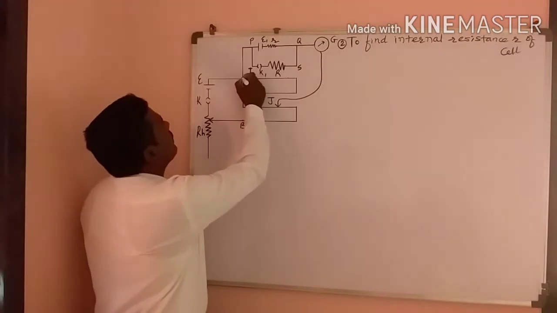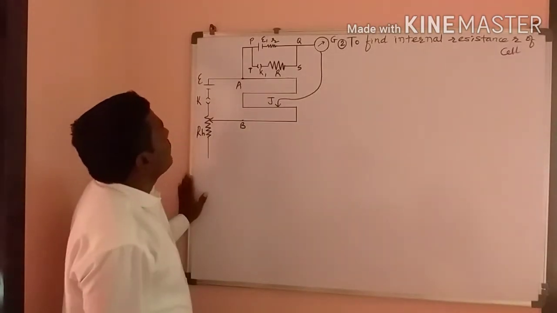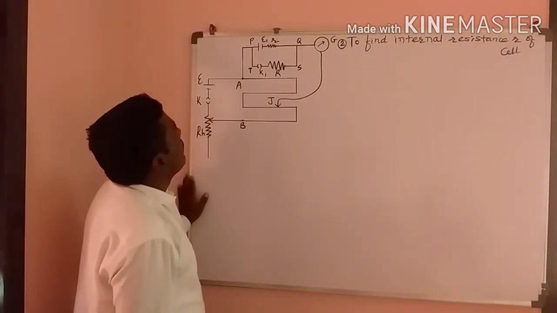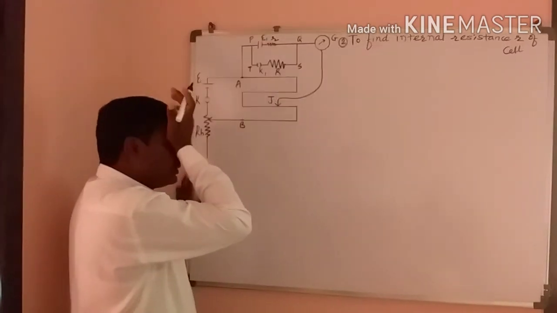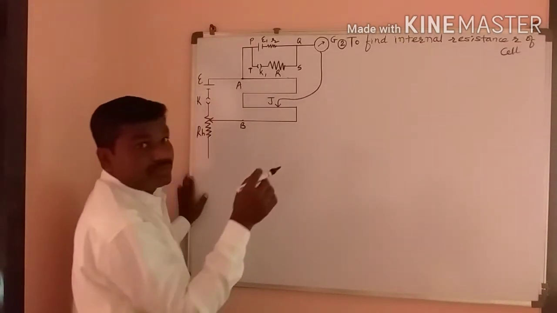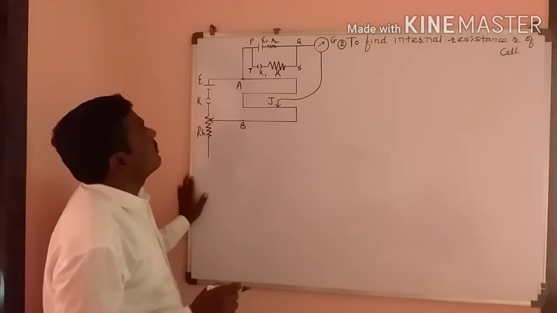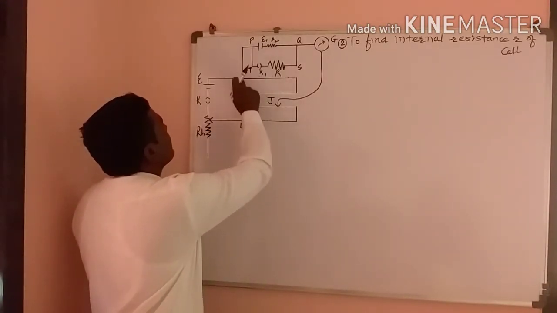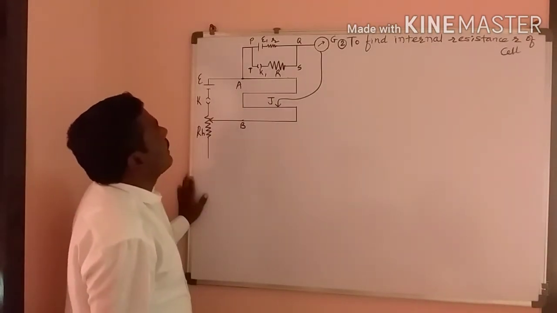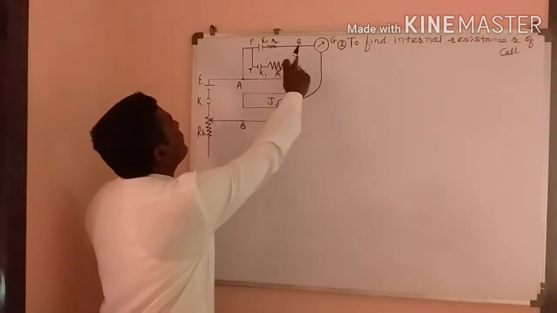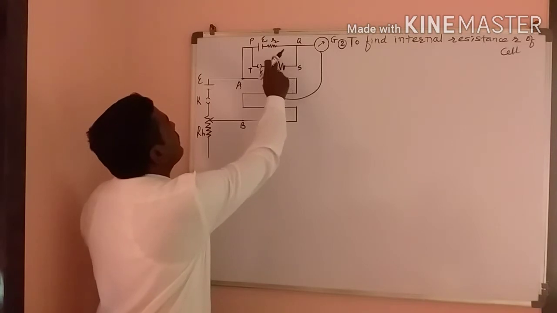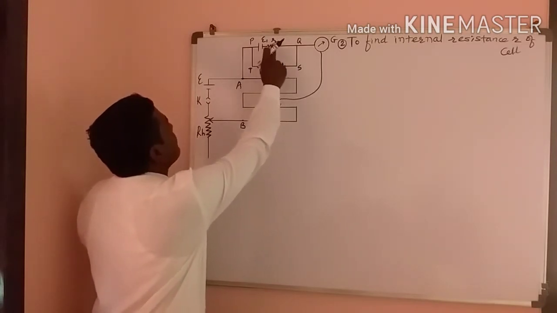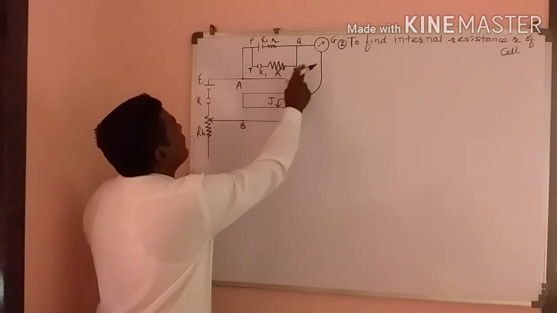Again, the cell whose internal resistance is to be determined is connected, with its positive terminal connected to the point A. That cell contains a small internal resistance r.